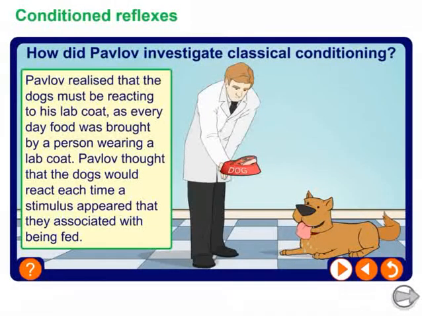And he concluded that maybe the dog was associating him, his lab coat, with the food that he usually brought. And so the dog was responding in the same way to food when he saw Pavlov, even without food.